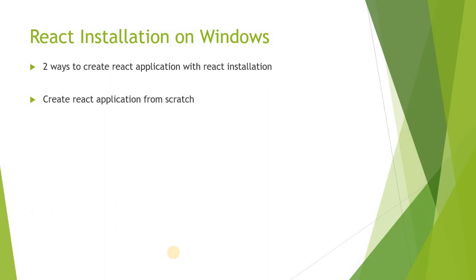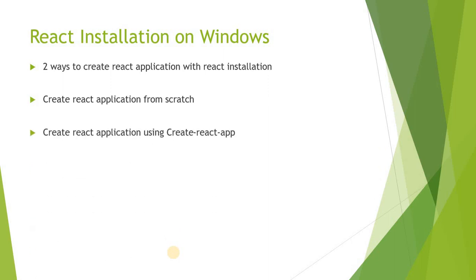The first one is creating a React application from scratch. It means that with this method, you start your React application from zero, and step by step we will see how we can create the React application.